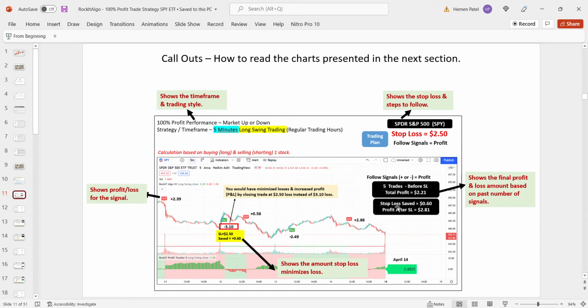And on the right-hand side, you can see the past 5 trades. What was the total profit if you just followed signal to signal without stop loss, and with the stop loss, how much you would have saved and how much it added to the profit after stop loss. So this is how to read the chart.